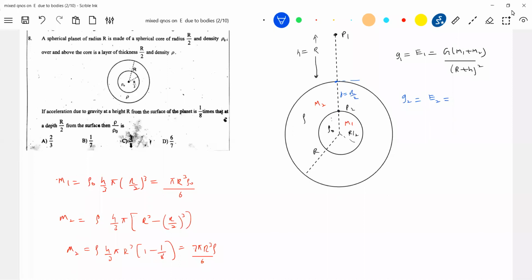I'm not bothered about the outer part. Just only due to this, what is the formula? G M1 by (R by 2) whole square.